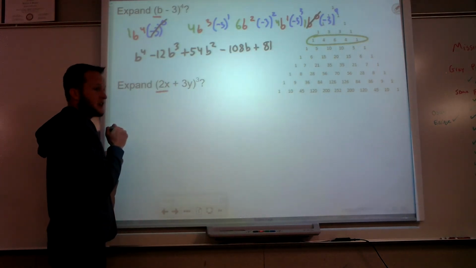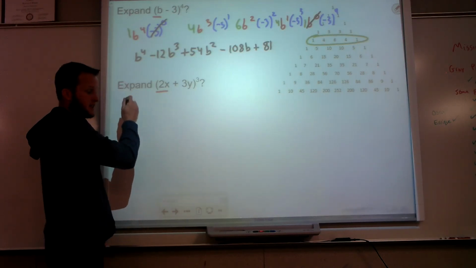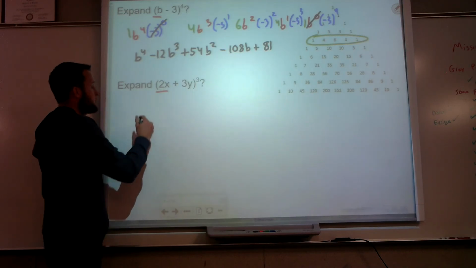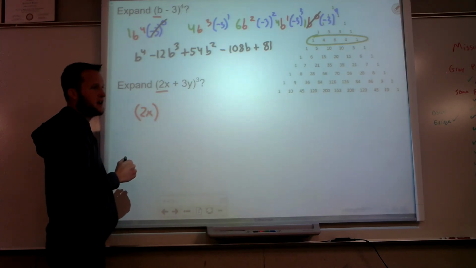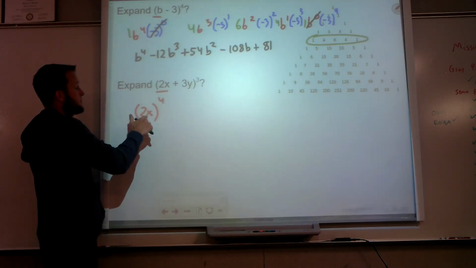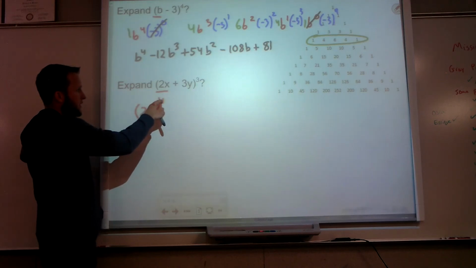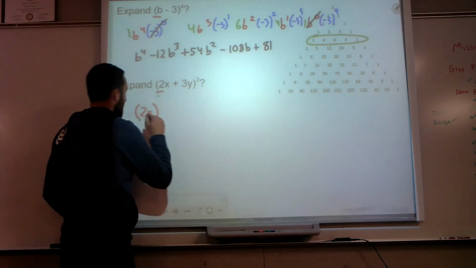So our first step is to take our first term, which is 2x, and write it in descending order, high to low. And remember that if you have a coefficient, you need to put it in parentheses. The most common mistake people make is they don't put the parentheses, so they forget that 2 needs to be raised to the third as well as the x.